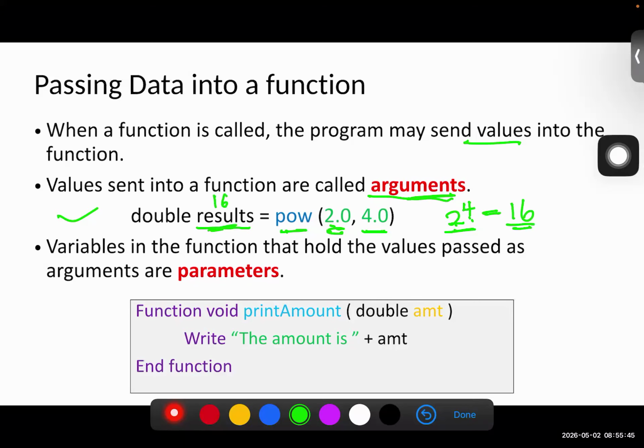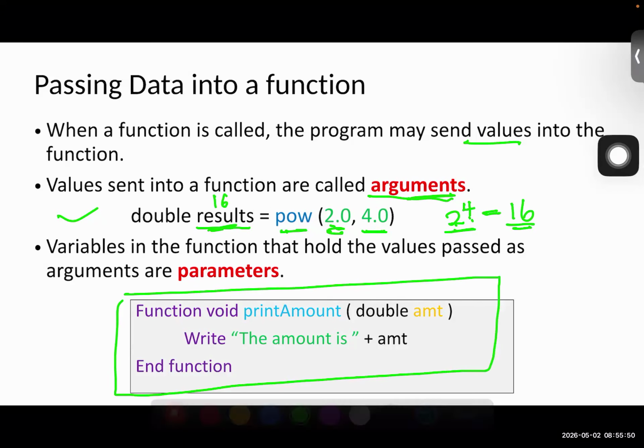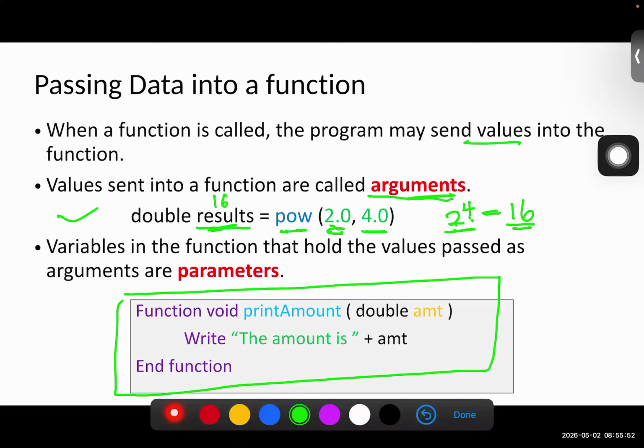Hope you understand that. Now, when you create the function, if you want it to take arguments, then you must have parameters. The variable over here, which will take the argument, is what we call a parameter. This one is called a parameter, and this one is called an argument.